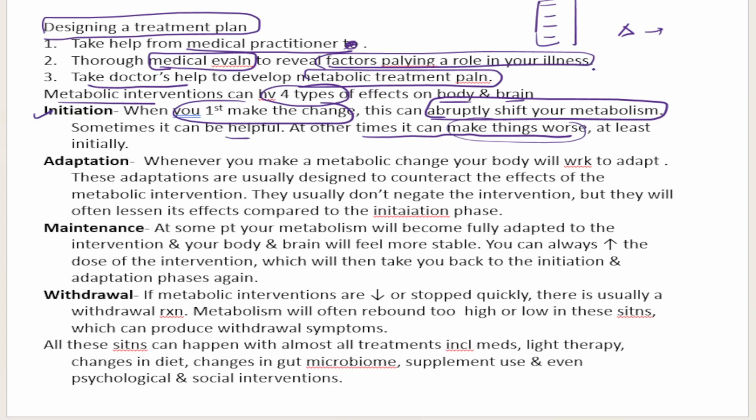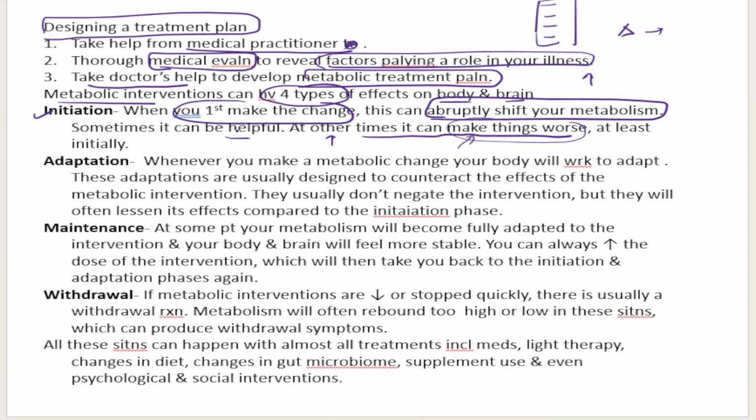When you provide more energy to the cells initially, some of them may become hyperexcitable. So when you start a dietary intervention, initially you may notice some adverse effects. Sometimes your symptoms may worsen initially, because the diet may provide more energy, and increased energy may increase hyperexcitability.